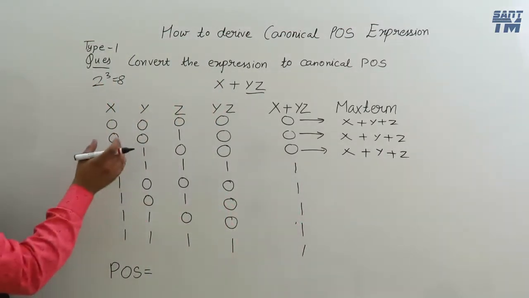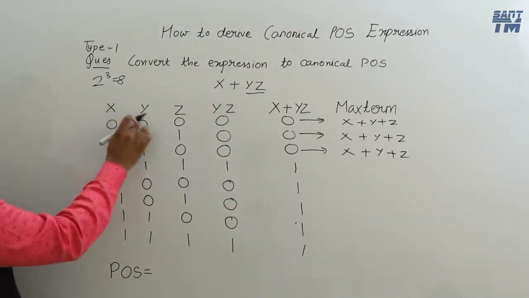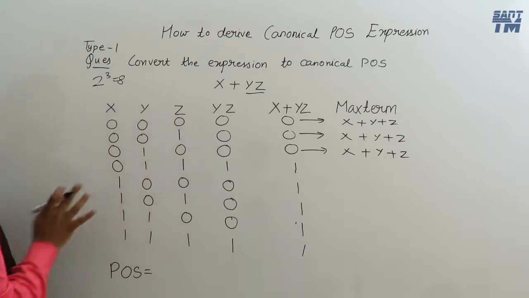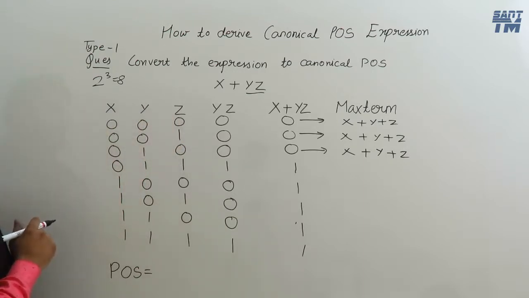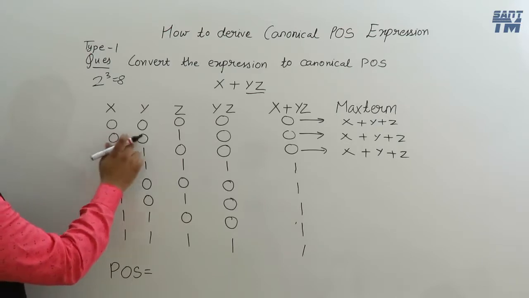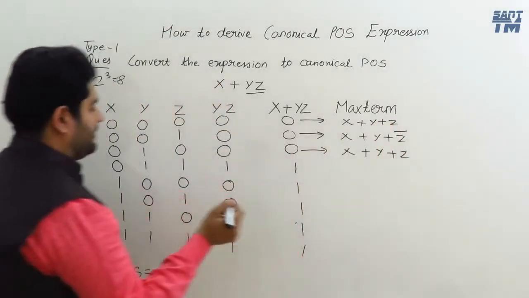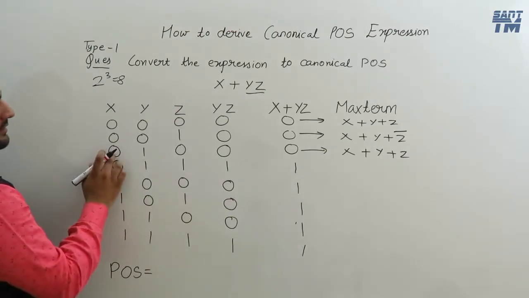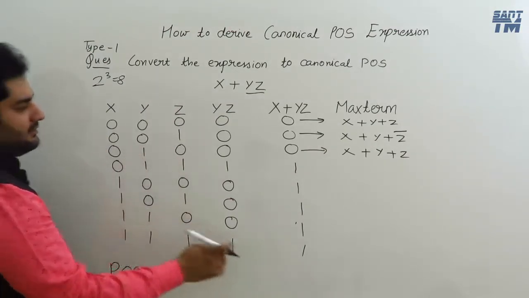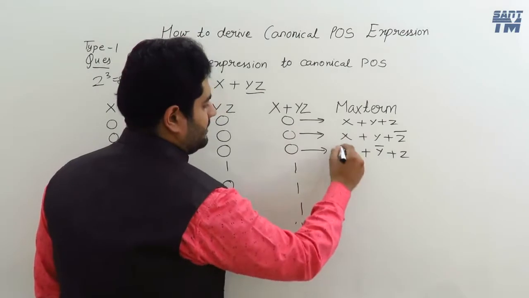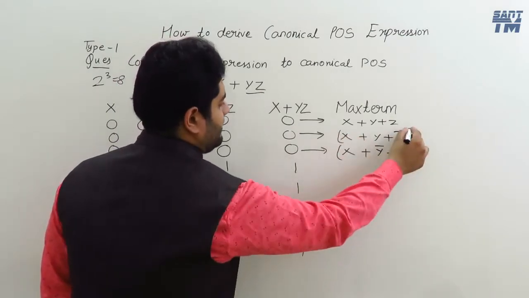Bars will be on the inputs which have value one. In the first row all are 0, so there will be no bar in the first row. In the second row x and y are 0 but z is 1, so there will be a bar on z. In the third row x is 0, z is 0 but y is 1, so there will be a bar on y. So three max terms are found.